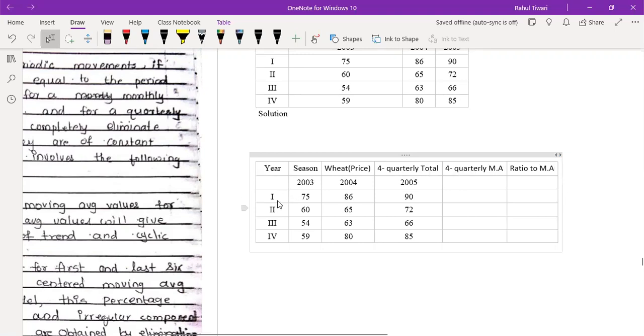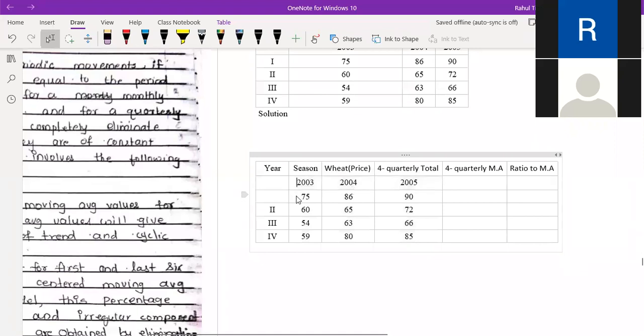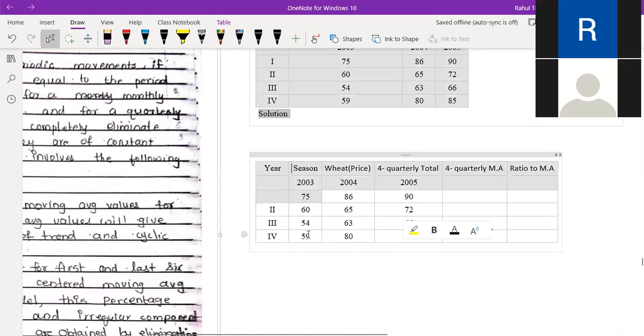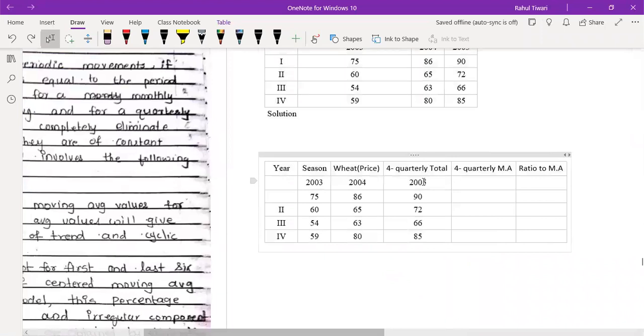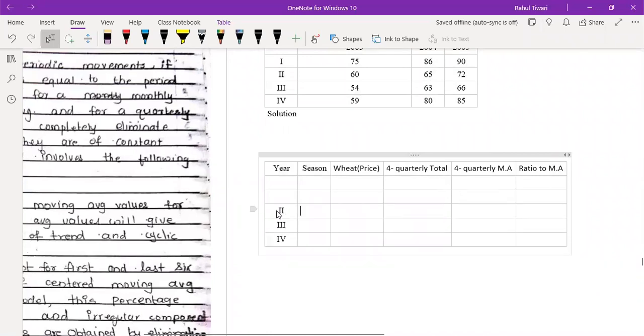So in the first year, which is 2003, I have 4 seasons: 1, 2, 3, and 4.